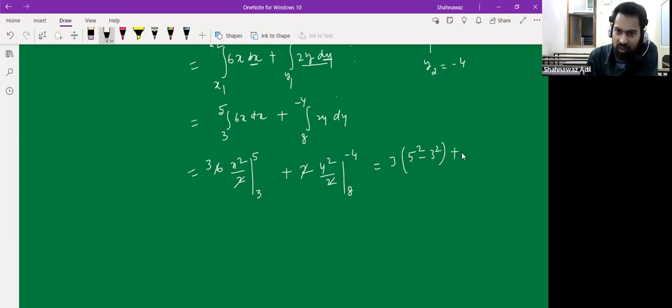So this is minus 4 square minus 8 square. Right, so this becomes 25, and this is 9, this is 16, and this is 64.